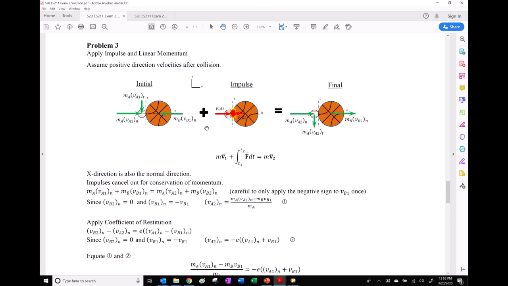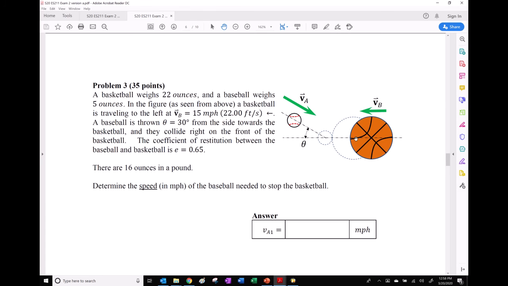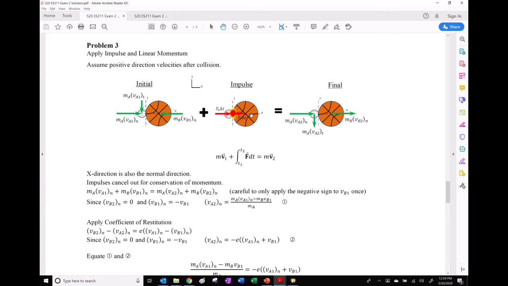A lot of times with dynamics problems, I think it makes it more interesting to have a real life scenario that could be possible, like a what-if thing. If I was throwing a basketball, how fast would I have to throw a baseball to make the thing stop in midair? Well, if we had enough time and motivation, we could probably try this out.